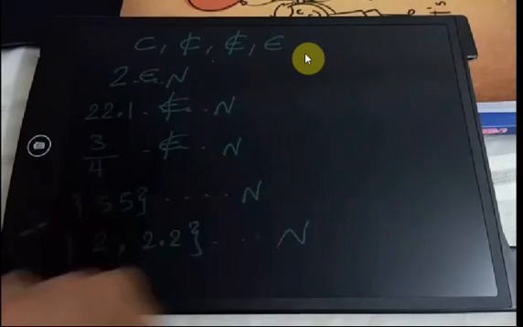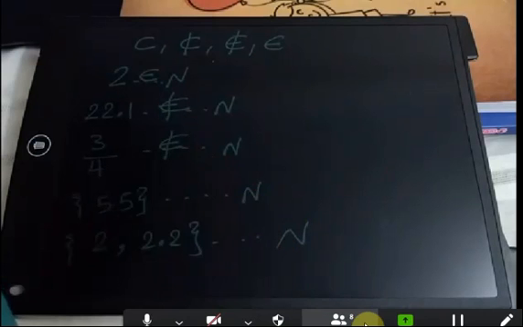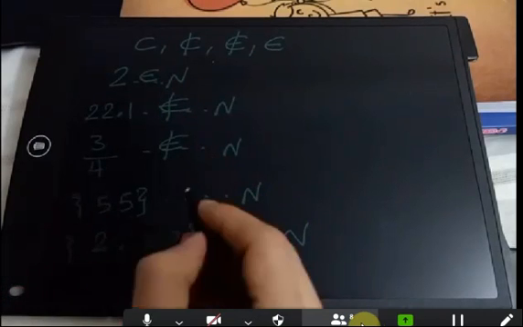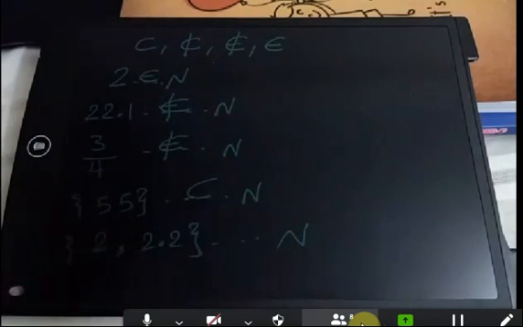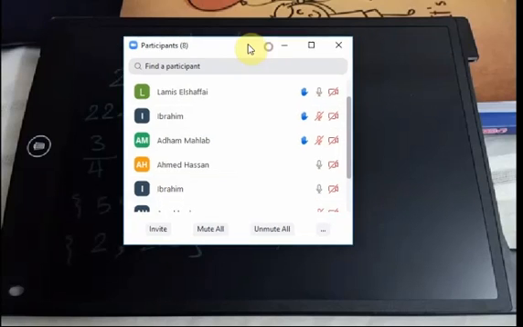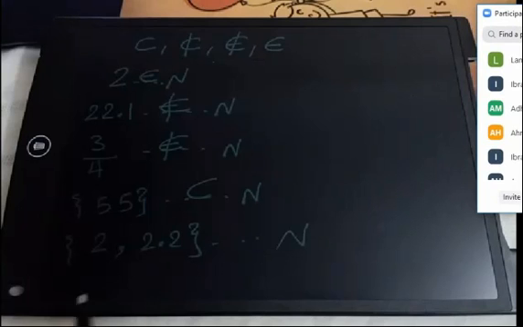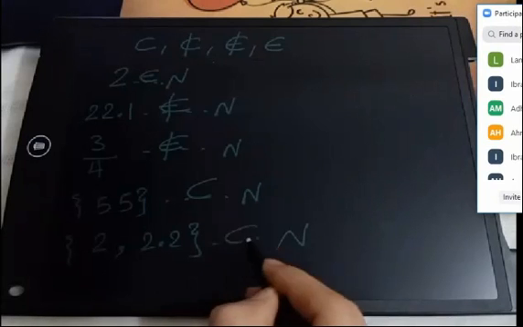It's a fraction. Oh, yes. Okay. Lamis. Subset. Subset. Okay. Where are the others? I think the others are not here. Miss me. Yes, Ahmed. Two. Subset. Not subset.